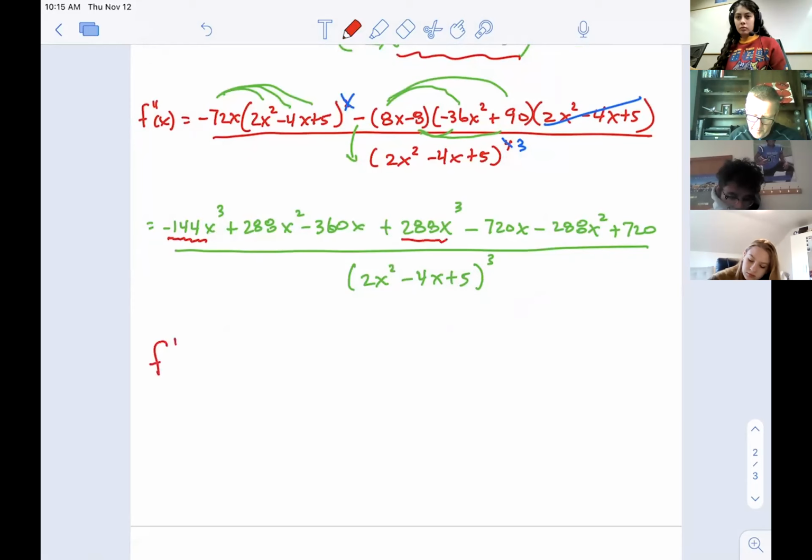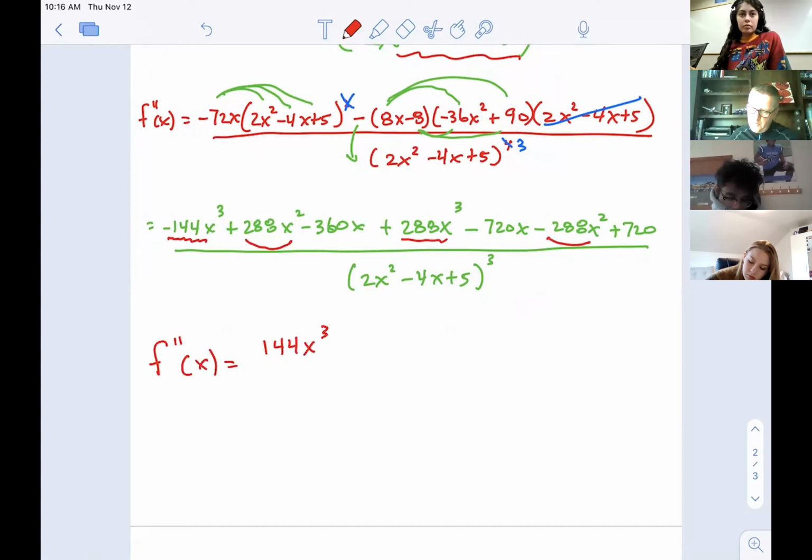My f double prime x then. So negative 144 plus 288 is plus 144. So there's my x cubed terms. X squareds, I'm going to mark those in a different way. I have plus 288 of them, minus 288. That's really good news. There's no x squareds.